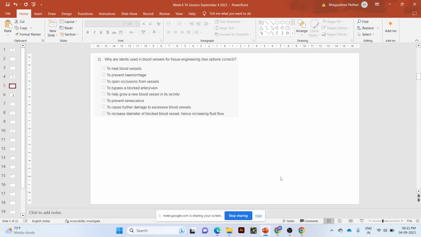Which two options are correct for stents used in blood vessels for tissue engineering?